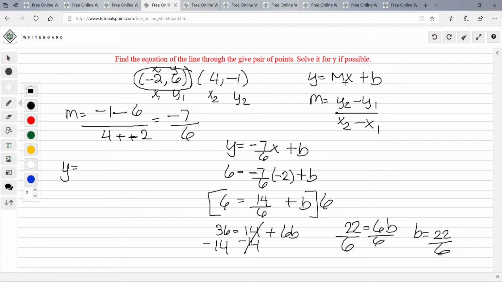So y equals, our m is, we said it was -7/6, times x plus b. And what is our b? 22 over 6. So this should be your final answer.